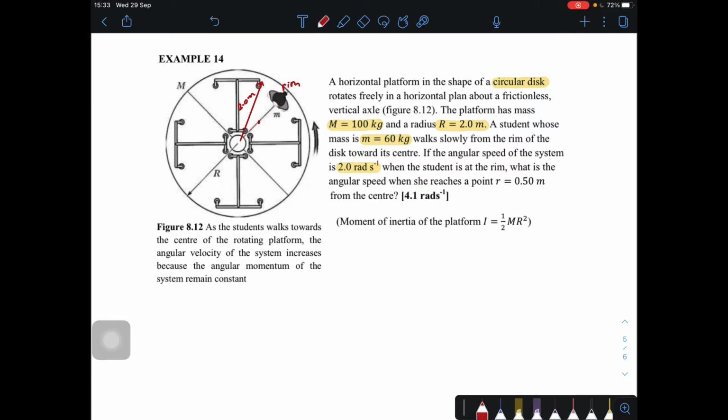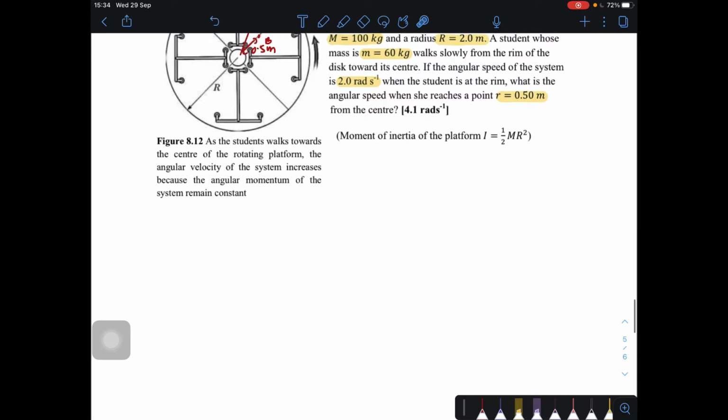So, apabila dia jalan slowly towards the center dan ada satu point dekat sini. Let's say lah, this one is point A, this one is point B. So, point ni adalah 0.5 meter daripada center. So, apabila dia sampai dekat point ni, angular velocity dia sudah berubah, which kita kena carilah angular velocity dekat point ni. Okay, so let's list out the information.